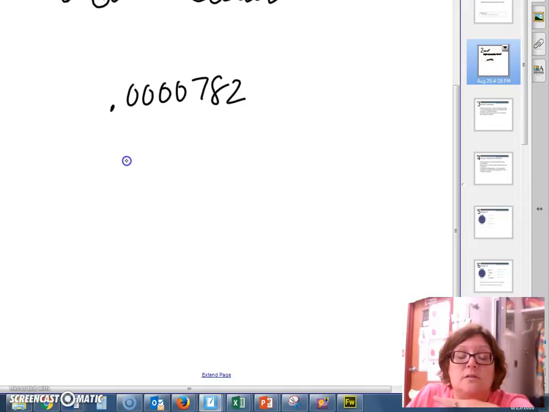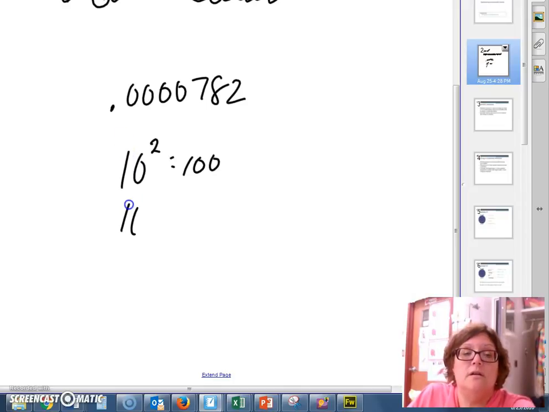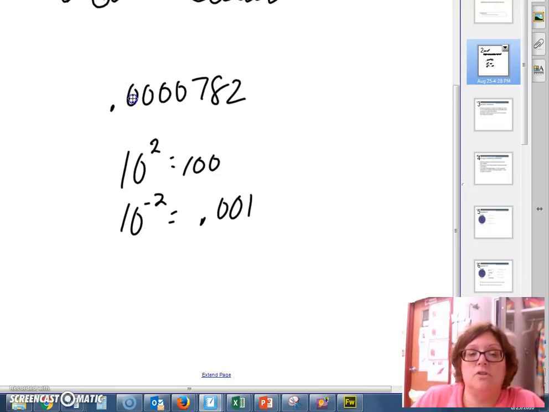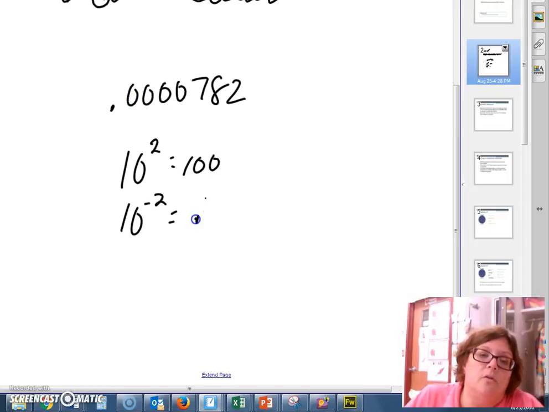Okay, so if 10 to the second is equal to 100, 10 to the negative second is going to be equal to 1/100th. Right? Yeah. 1/100th. No, just one. Yeah, that's 1,000th. So I didn't write it right. 1/100th.